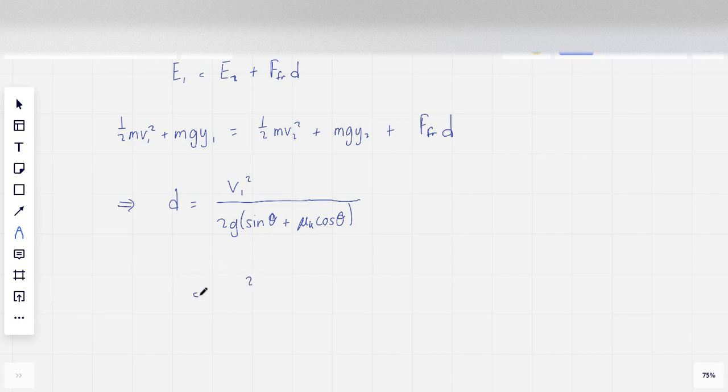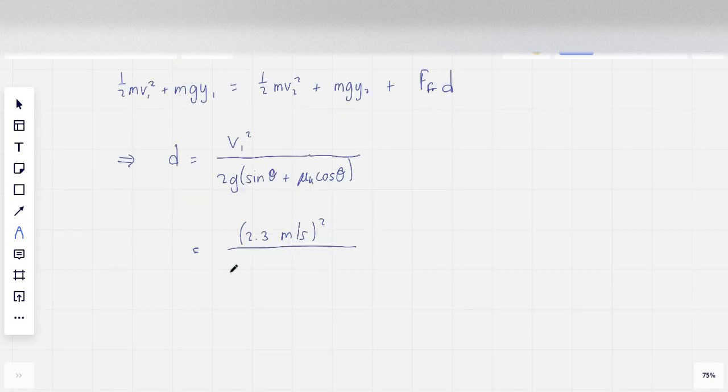So this is the initial velocity, 2.3 meters per second, and that's squared, divided by 2 times the gravitational acceleration, 9.8 meters per square second, times the sine of 28 degrees plus 0.25 cosine 28 degrees.